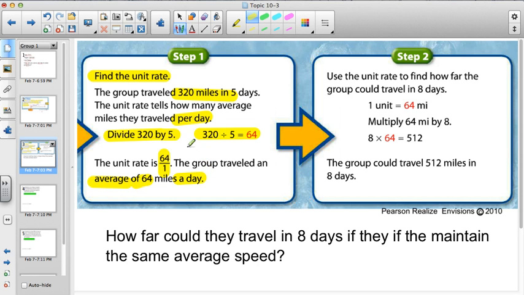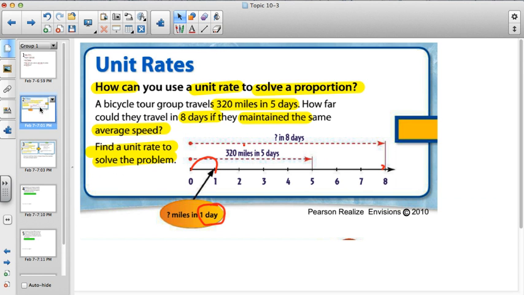Okay? So now, if we were to look back at our number line, we now know that one unit is 64 miles. So this would be 64, this would be 64, this would be 64, this would be 64, and so if you multiply 5 times 64, you're going to get 320.